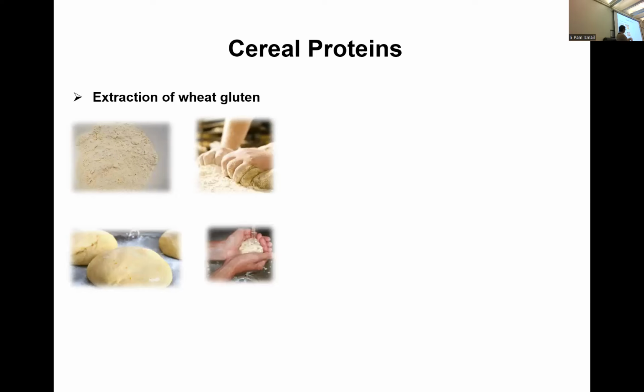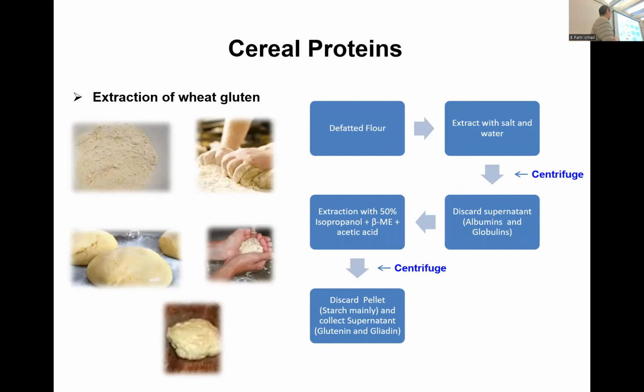Then you can take that gluten, freeze dry it, and characterize it, fractionating it into 9 different fractions, for example, like we did. But this is the gooey gluten. There's a better way, obviously, to extract the different protein components and run them on a gel. You take the flour, defat it, and then extract first with water.